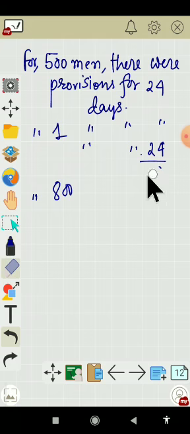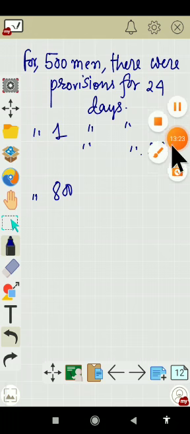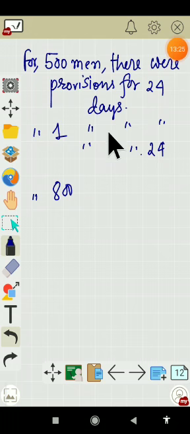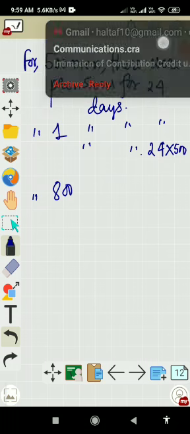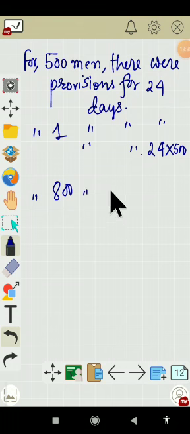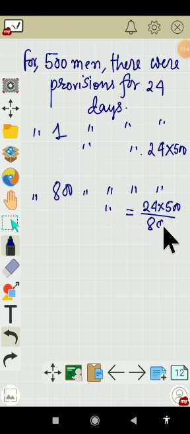For 1 man it will be more, because the number of persons is less, so the number of days will be more here. It is inversely proportional. So we have to write 24 into 500, and for 800, it will be 24 into 500 by 800 days.